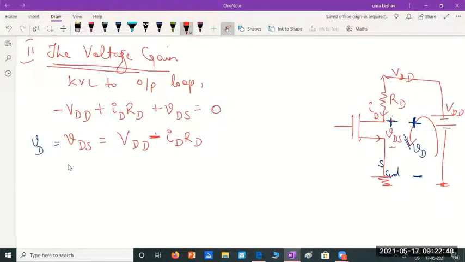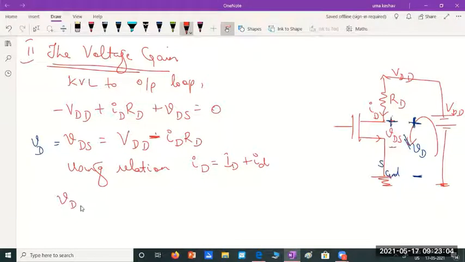Let me substitute using the relation. Small id is capital ID plus AC, DC plus AC.